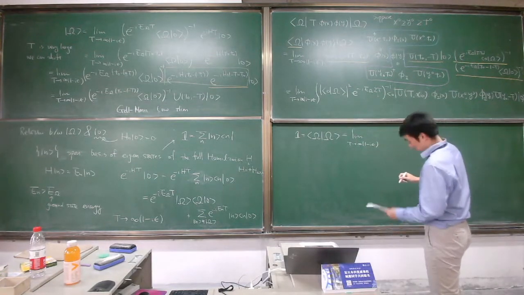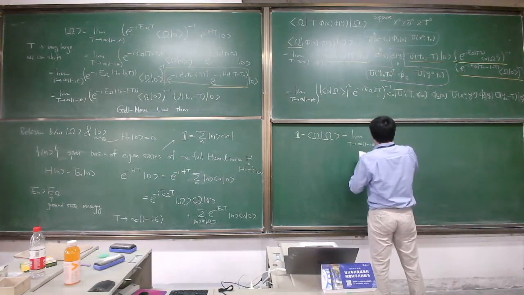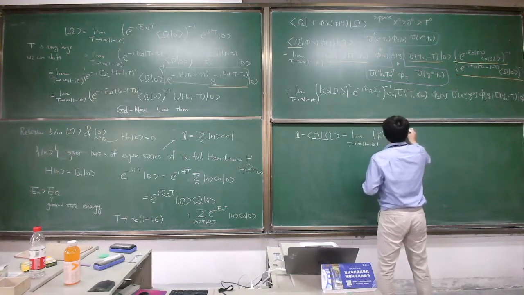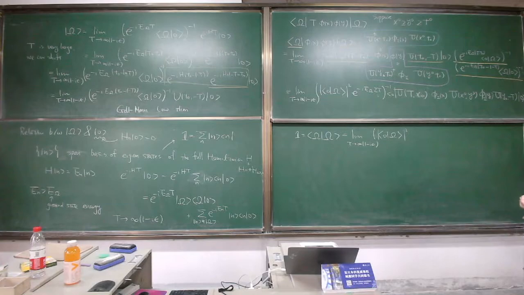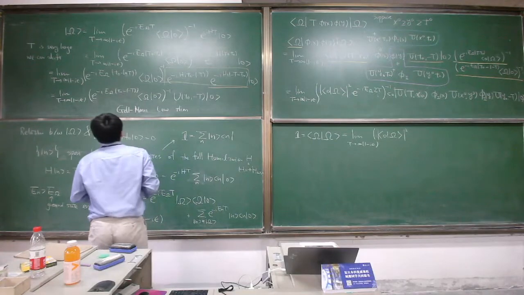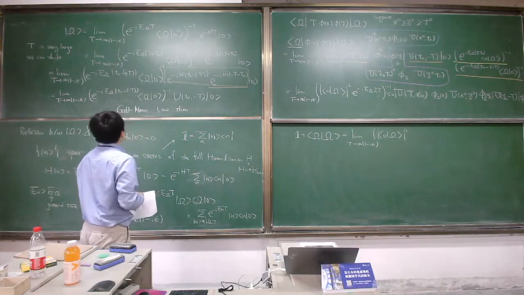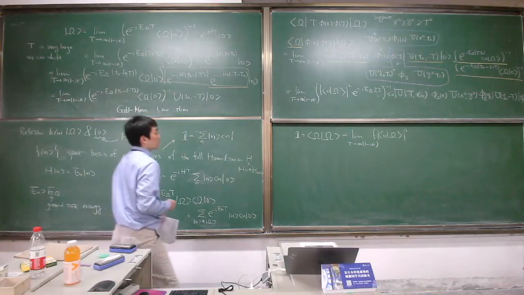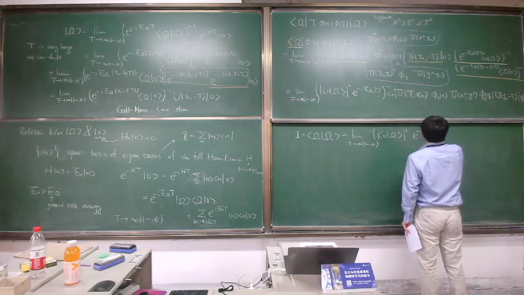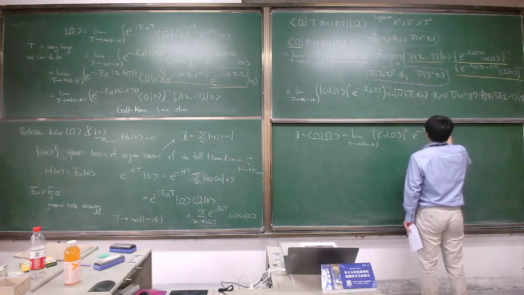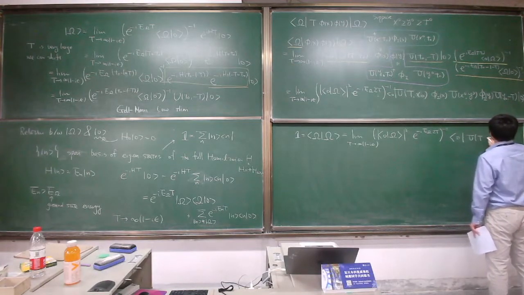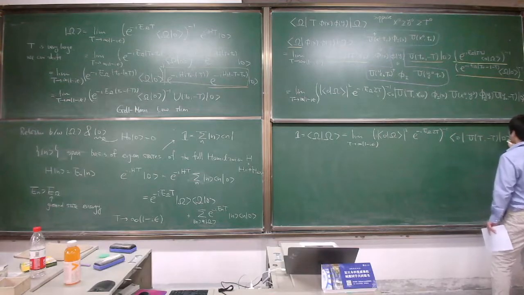So you have the same factor, e to the minus i E omega T, times U(0, -T) and U(T, 0).